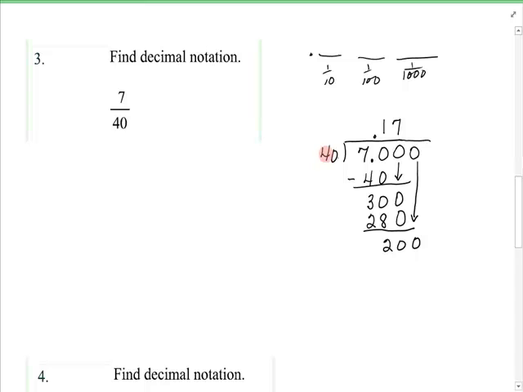Well, if you don't know, how about 4 into 20? Yes, it goes 5 times. 5 times 40 is 200. So the decimal is 0.175. It is always take the bottom, divide it into the top, add a decimal point, and as many zeros as you need until it terminates, stops, gets a remainder of 0.